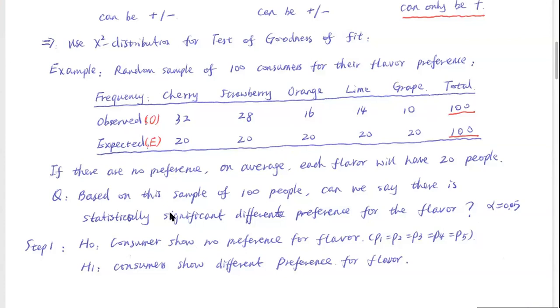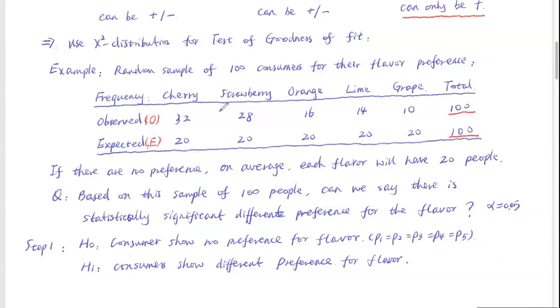It's coming from our reference: H0 says there's no preference for the flavor. So that's what we expected. Capital letter E for that. So we can write down E1, 20, E2, 20, and so on. Is that clear?